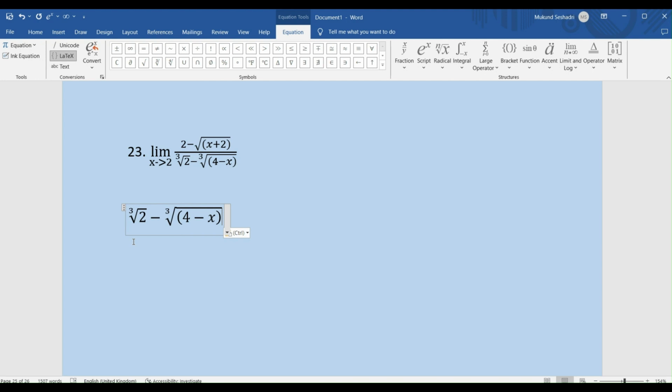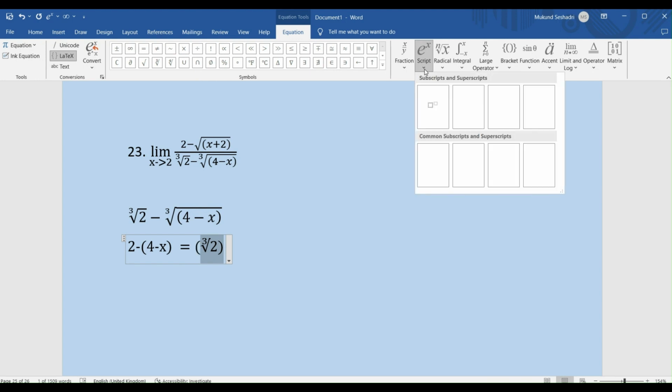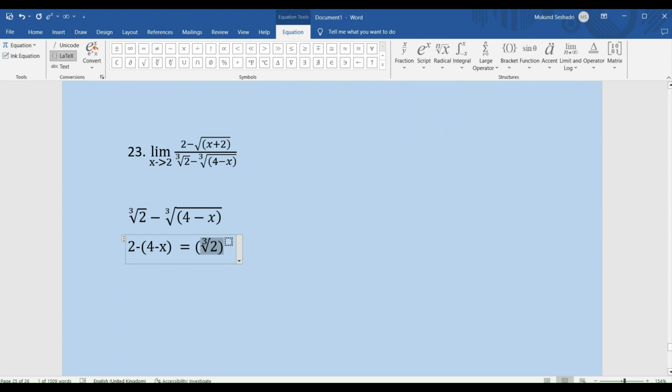I'm going to rewrite this as, watch this very closely, folks. So we have 2 minus 4 minus x, right? Which can be written as cube root of 2. 2 is nothing but cube root of 2 the whole cube, right? So I'm going to rewrite 2 as cube root of 2 the whole cube. Let me superscript this, right?